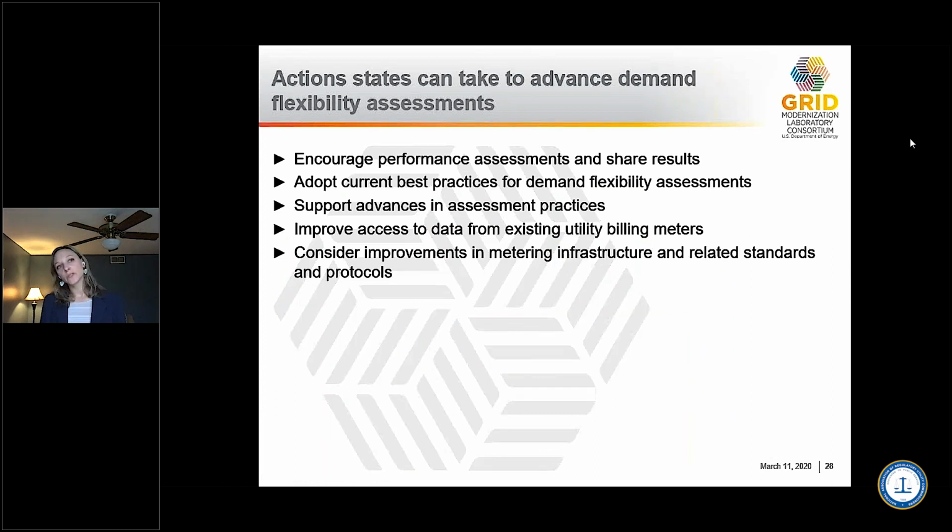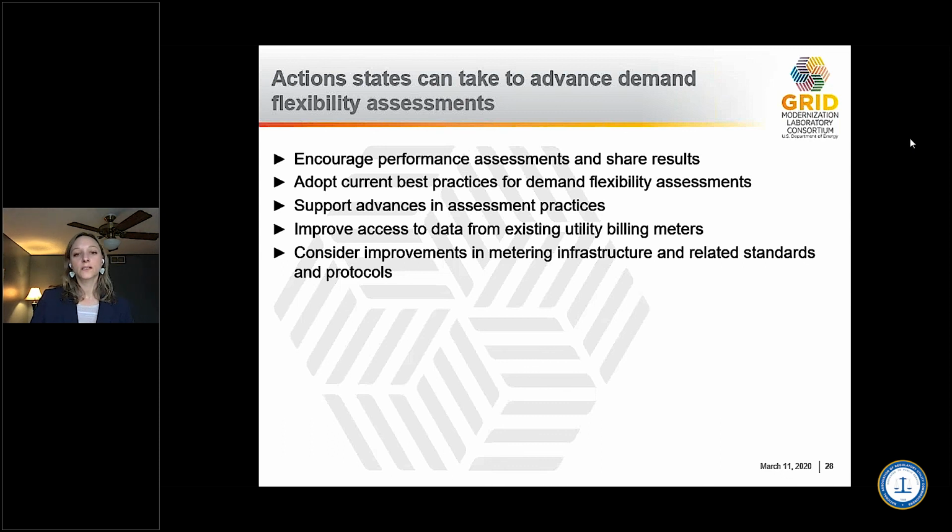Okay, so to wrap up this section, I have 5 actions that states can take to advance demand flexibility assessments. First, states can encourage performance assessments and share those results. They could use public buildings as an example, by requiring demand flexibility assessments for buildings that they're owning or managing. States can incorporate best assessment practices for performance metrics, analysis methods, baselines, and implementation approaches in their own programs.